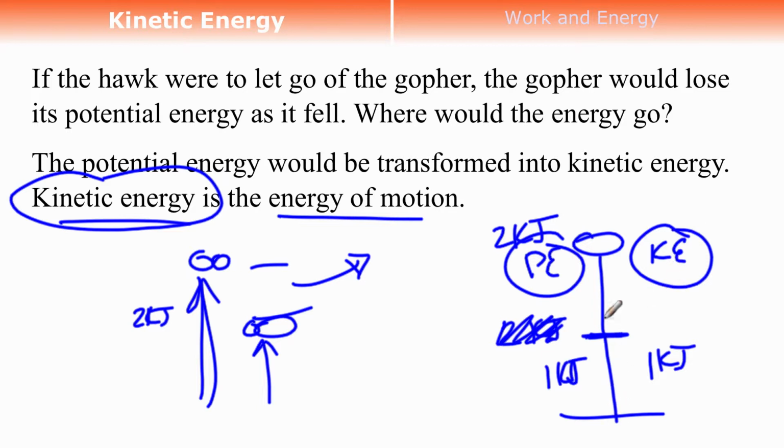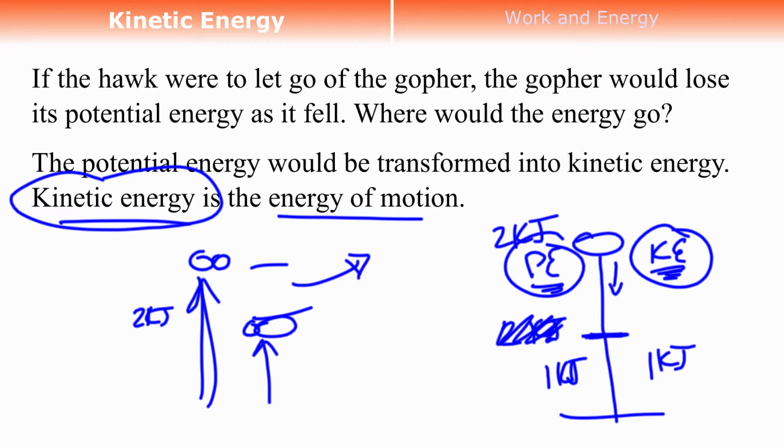So at the top, if the hawk is just stationary, the gopher will have 2 kilojoules of potential energy and 0 kilojoules of kinetic energy because it's not moving, it's just standing still. As soon as it drops, the gopher starts gaining kinetic energy and losing potential energy.